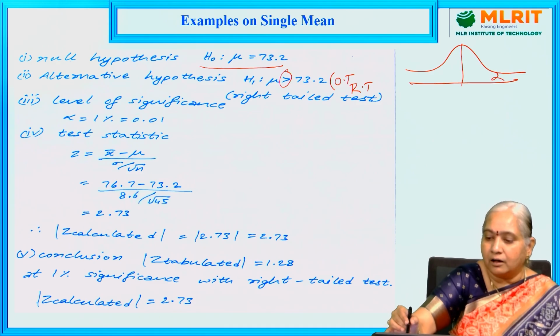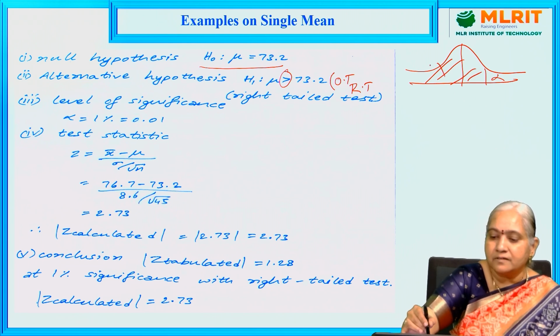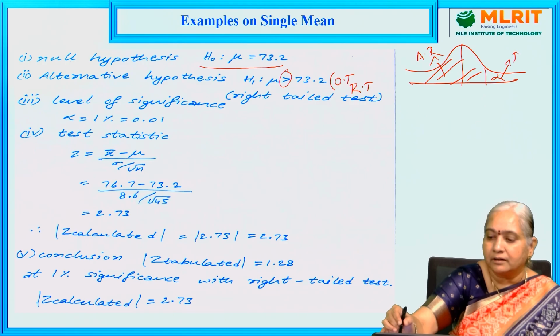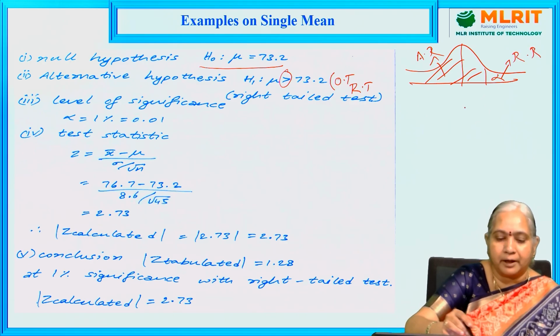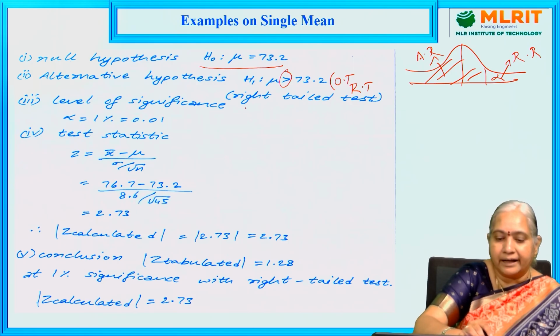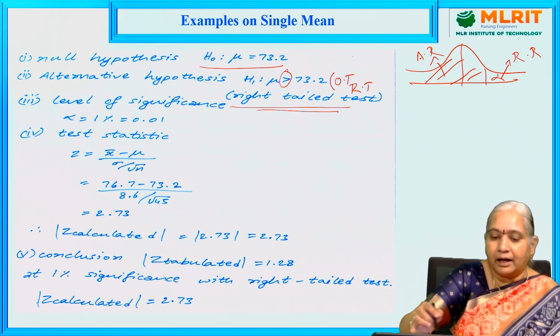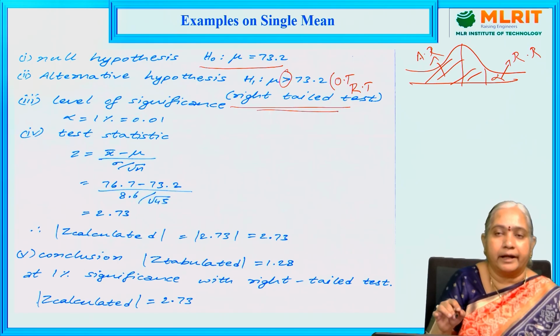So this is alpha, and this region is 1 minus alpha. This is the acceptance region and this is the rejection region. Here we have taken the total error to the right of the mean, so that's why this is a right tail test, and greater than means only one tail test.